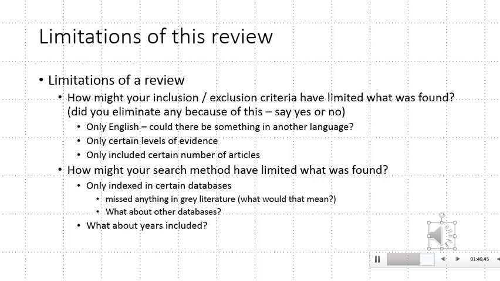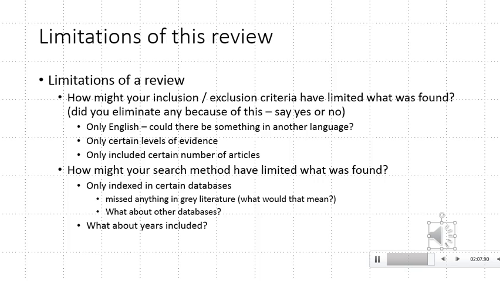You should also address how your search method might have limited what was found. For example, you are only finding things that are indexed in the databases that you searched, maybe CINAHL, maybe Medline, maybe PsycInfo. That means that you're not finding anything that was in the gray literature. What does that mean? And perhaps other databases that focus on, say, education could have been used.